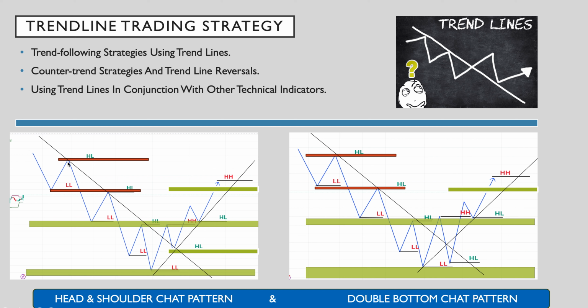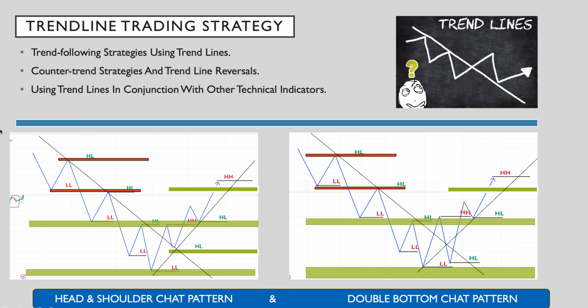They decide to trade the correctional movements. So they come and get a buy at this support and sell once it comes to this resistance, this resistance and this resistance level. And they take another buy here and then they sell here. So this is exactly what a counter trend strategy is.